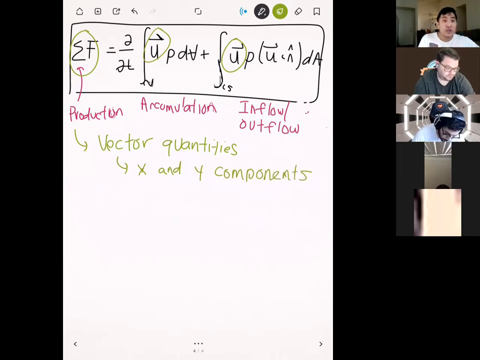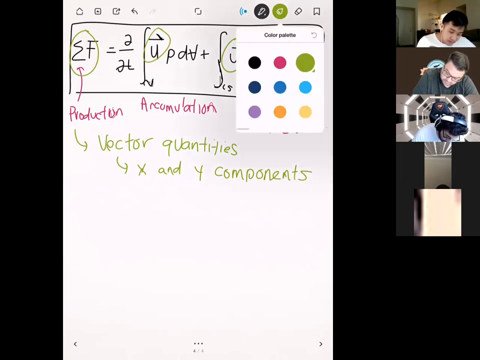So when you're doing these conservation of momentum problems, a lot of times you have to apply this RTT in the x direction, and then apply it again in the y direction, and your forces and your velocities are going to be different there too. I want you to keep that in mind.